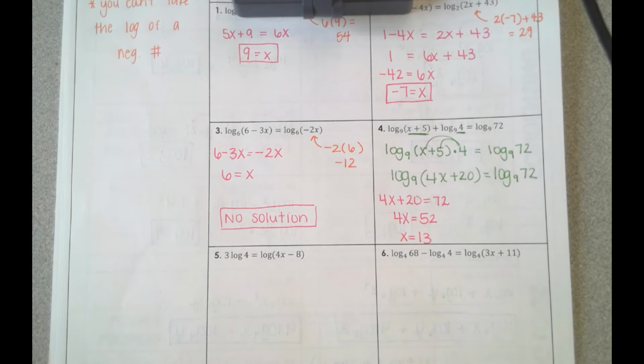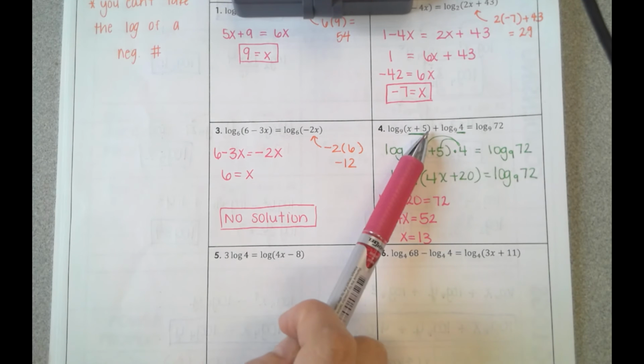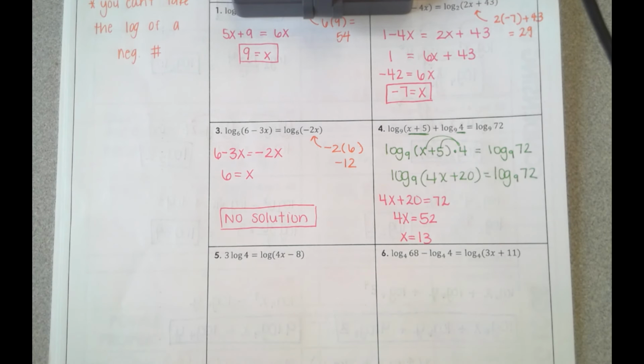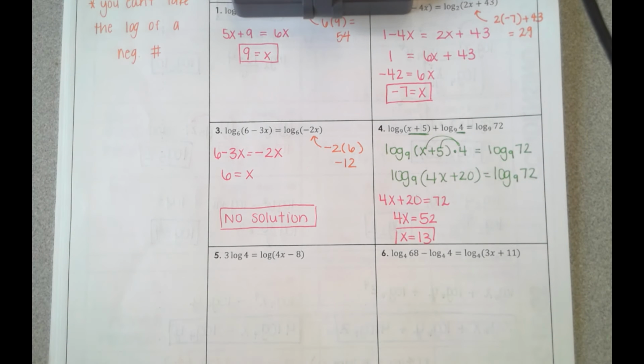So x equals 13. And if we look back at our original, if we were to plug that in, 13 plus 5 is 18, which is a positive number, yes. If there's not a log on both sides, you really don't have to plug it in, because you know that.